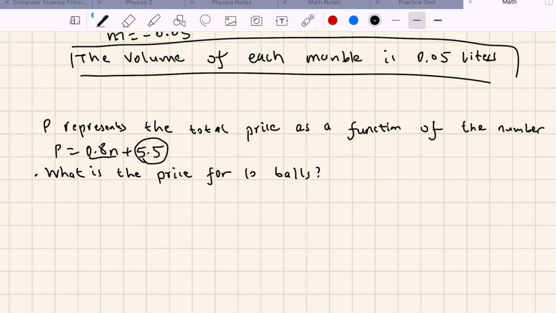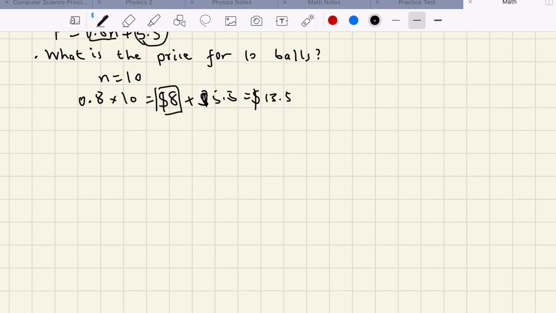So what if n equals 10? Simply do 0.8 times 10, which gives you $8 for 10 balls. However, that does not include the entrance fee. If you were to include the entrance fee, you would have to add $5.5, which gives you $13.5 in total. But the answer is $8.